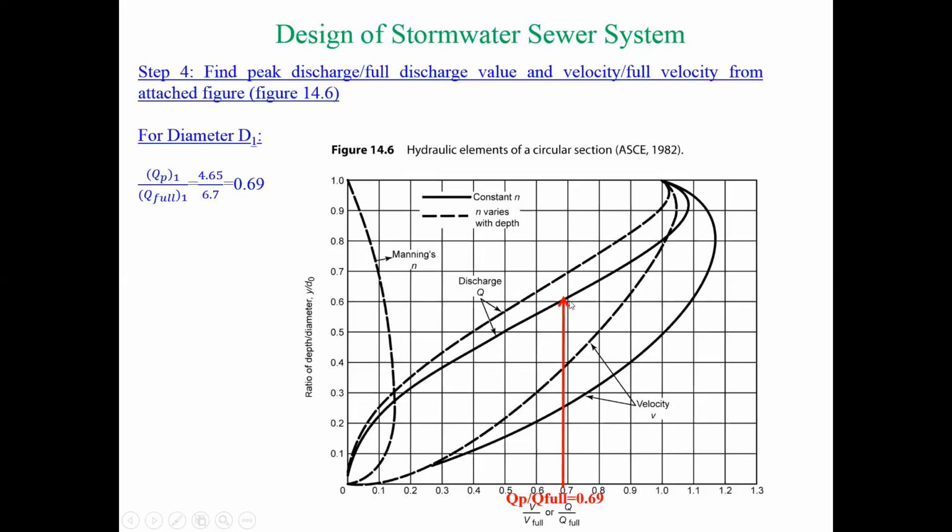And since I'm looking for the velocity, I will go from this point to this point and then here. Though it's a little bit more than 1.1, if you do that by yourself, you will get 1.1. So VP over V full, where P is for peak, is 1.1.